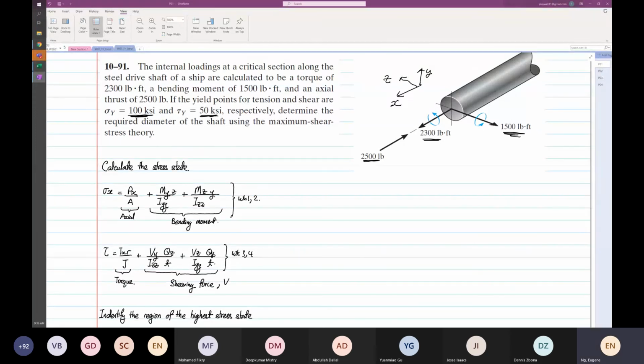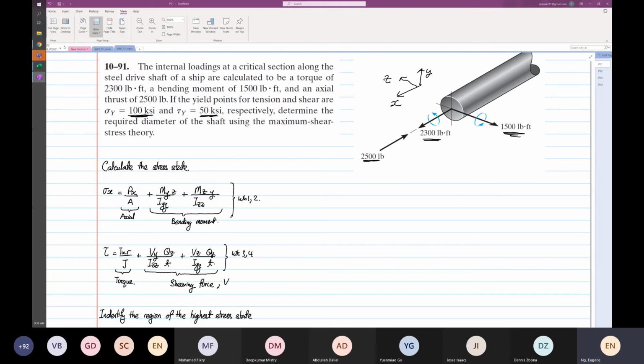Remember, if you are given a shaft like this, for this case it's simple because the problem says to calculate that region. But you don't always get that. You only calculate where the stresses are the highest.